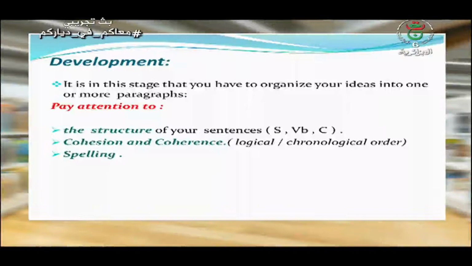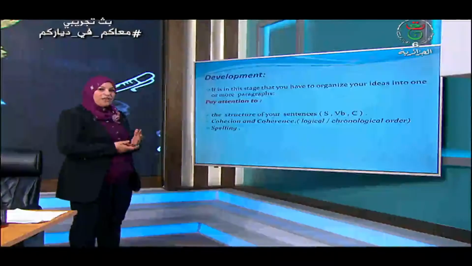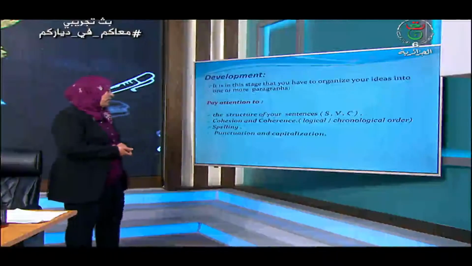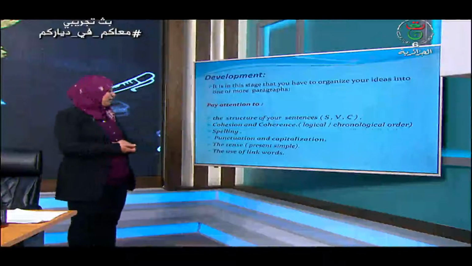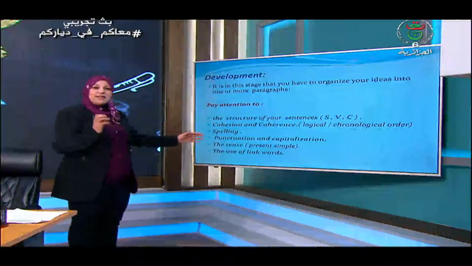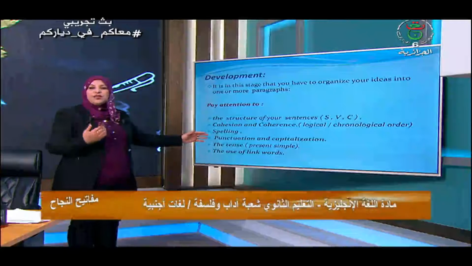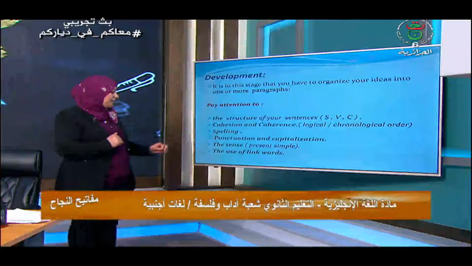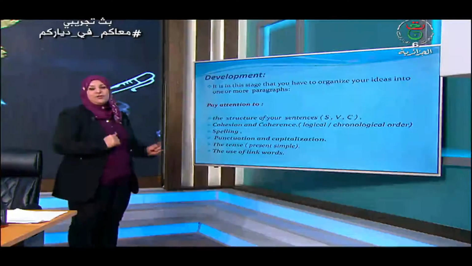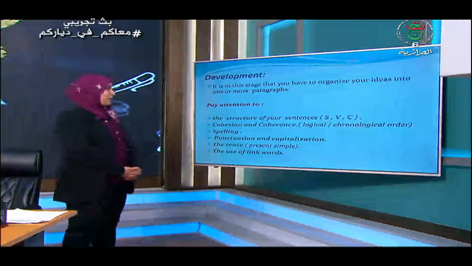Here we can use the dictionary to check the correct spelling of words. Punctuation and capitalization also are very important. The tense, as I said before, in the expository article, you just present facts as they are, so it's adequate to use the present simple tense. And of course, don't forget to use your link words.